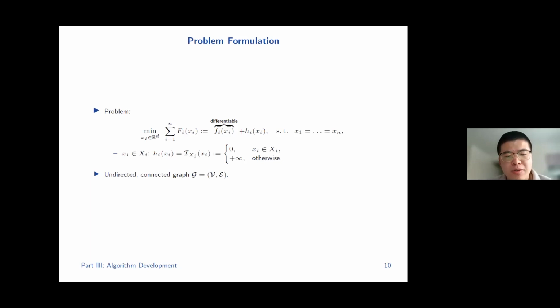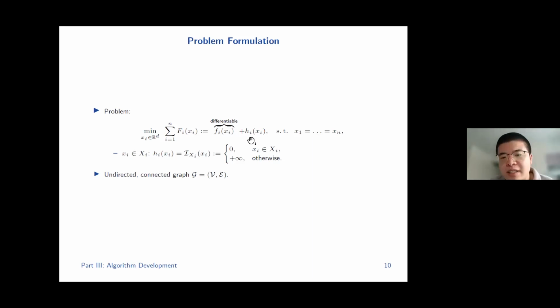Now we'll go to the algorithm development part, which includes a lot of mathematics. So first, we split each local objective function capital Fi into a smooth function, lowercase fi, and a possibly non-differentiable function hi.